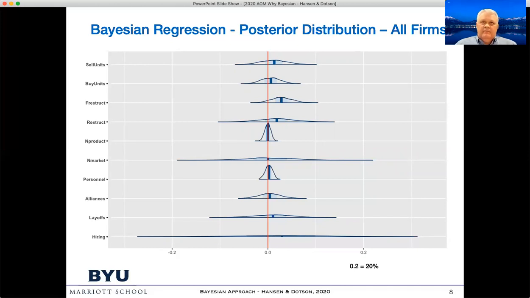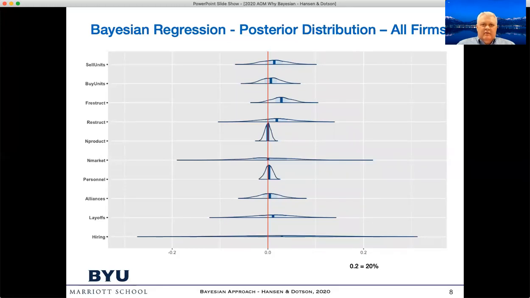What you see here is the posterior distribution for each one of the strategic actions in our sample. Now the red line in the middle would be 0, and then above that and below that are percentages of effect that each one of these actions would have on performance.